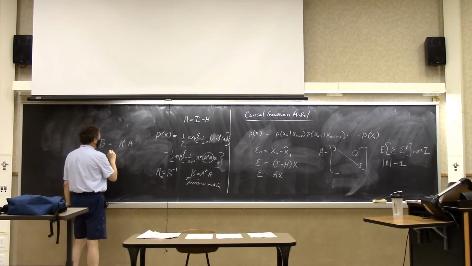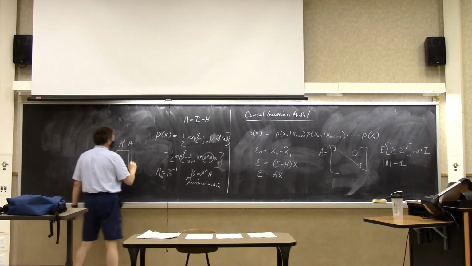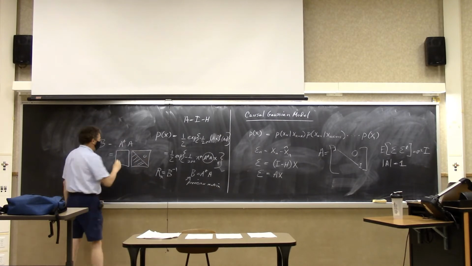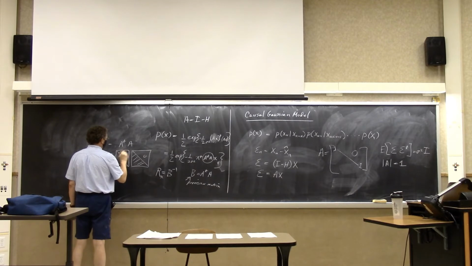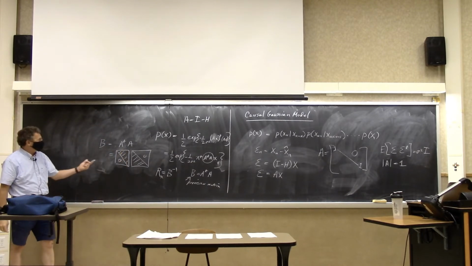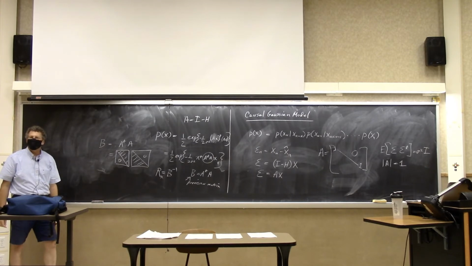So this would be a lower triangular, and this would be an upper triangular. I can always find a matrix A. I think that's called the Cholesky factorization.